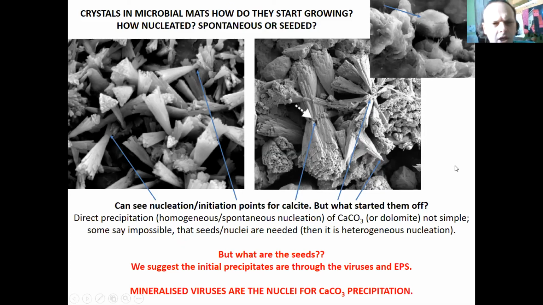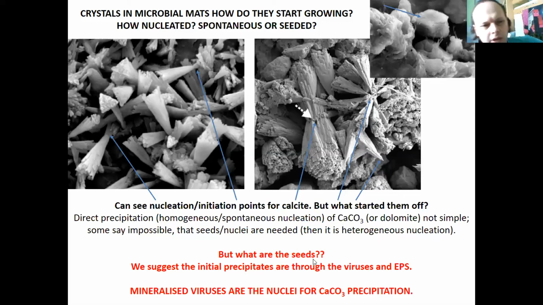It only happens when the solution is supersaturated with calcium carbonate. So in this case, you need this supersaturated medium to precipitate calcium carbonate. Whereas the second way of calcium carbonate precipitation is through heterogeneous nucleation, as we call it.